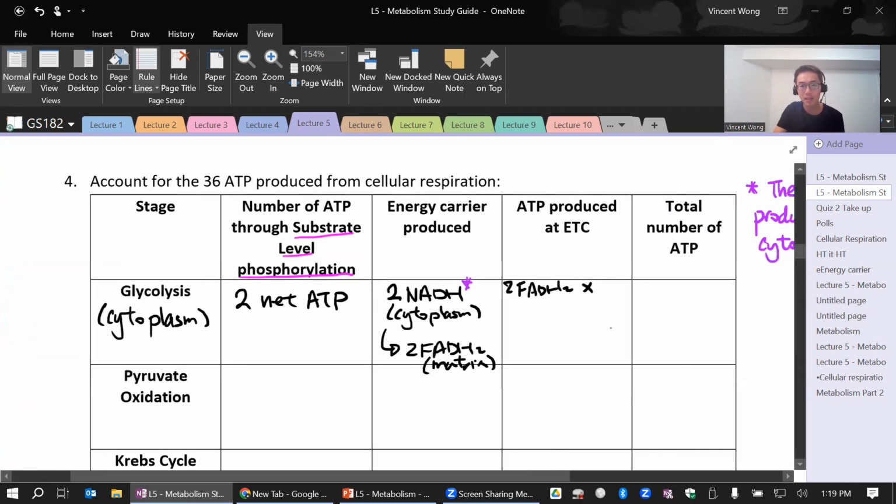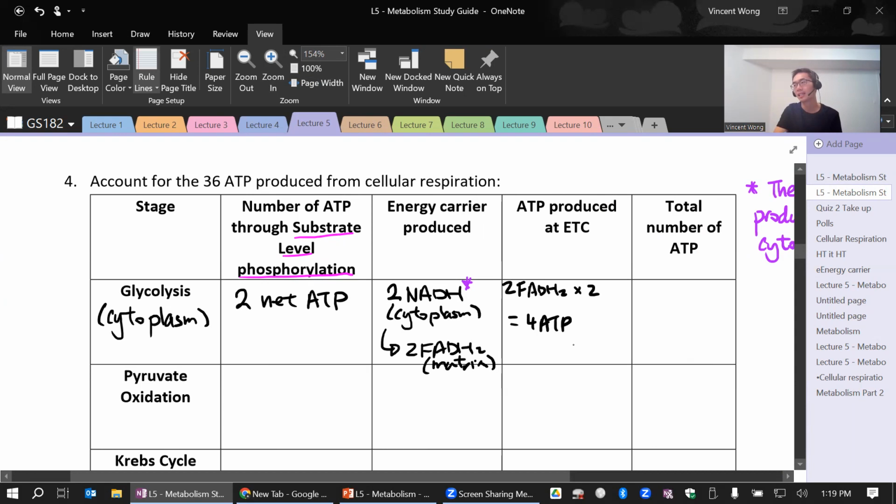FADH2 times what number to figure out the ATP? 3? But it's FADH2. 2. 2, that's right. So that's going to be 4 ATP.